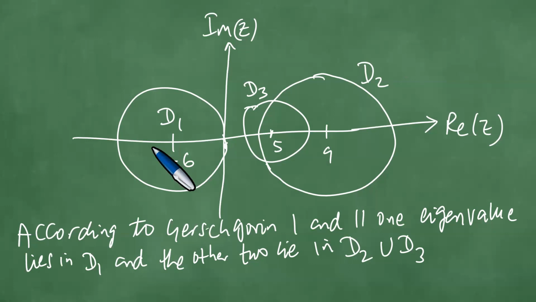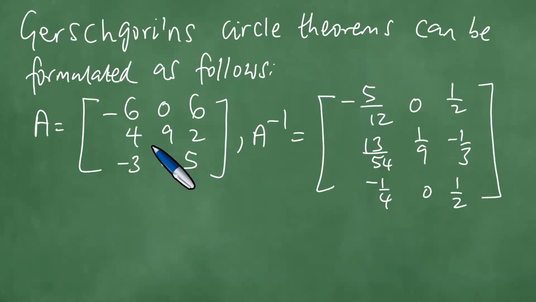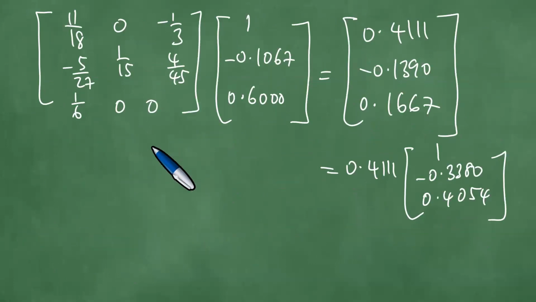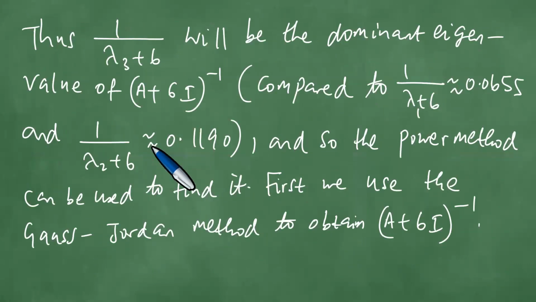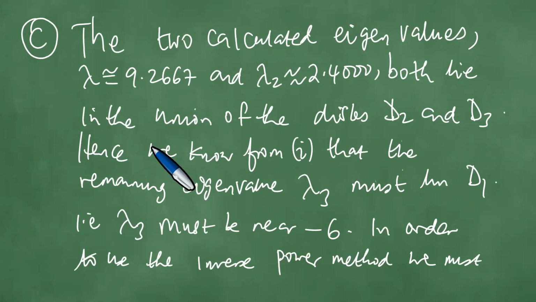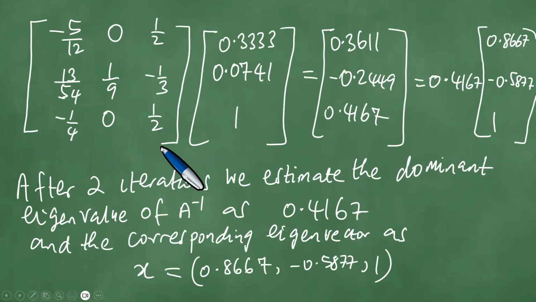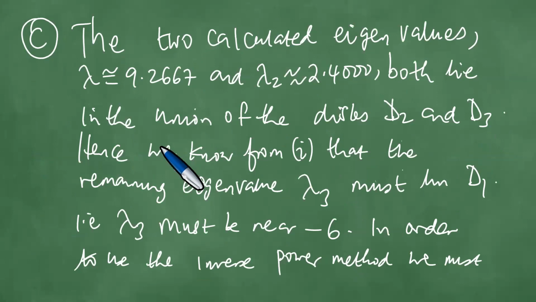The essence of this is the discussion we had here about the intermediate eigenvalue. Because now we are saying in part C, the two calculated eigenvalues, we're finishing please now, lambda equals this and lambda, we estimated those, both lie in the union of the disks we've spoken about.